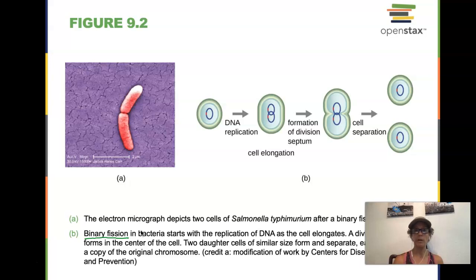And in prokaryotes, it is comparatively simple to eukaryotes. The DNA has to be duplicated. The chromosome in prokaryotes is a circular chromosome. Then the cell wall and cell membrane have to start to pinch in, and then we get two individual cells that, in the absence of mutation, will be genetically identical.